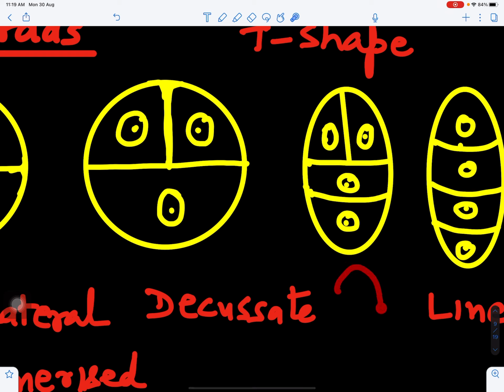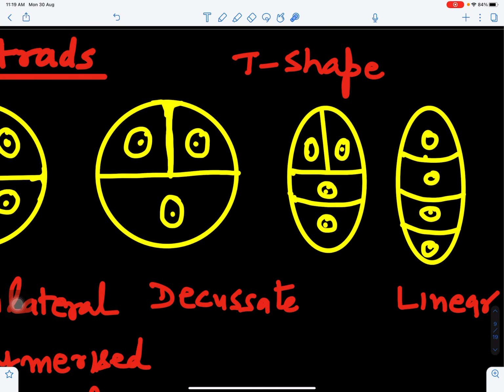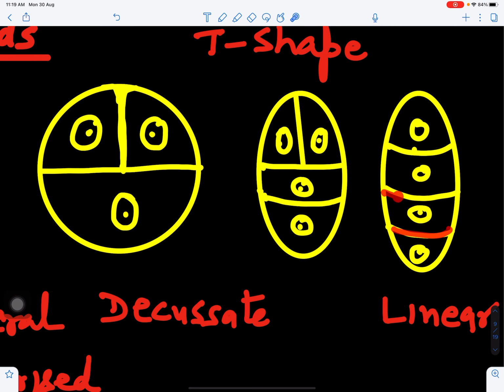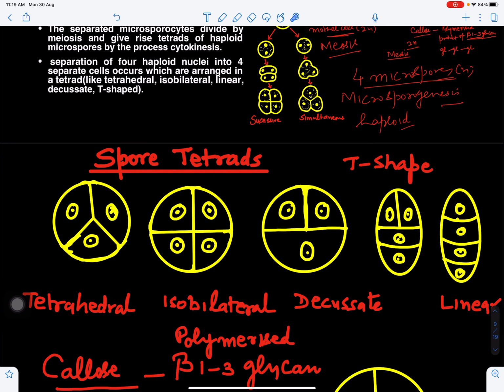An inverted T-shape will be like this. And this arrangement may be linear. They may be arranged in a linear fashion: one, two, three, and four. So this arrangement is called linear. So spore tetrads can be tetrahedral, isobilateral, decussate, T-shaped, inverted T-shaped, or linear.